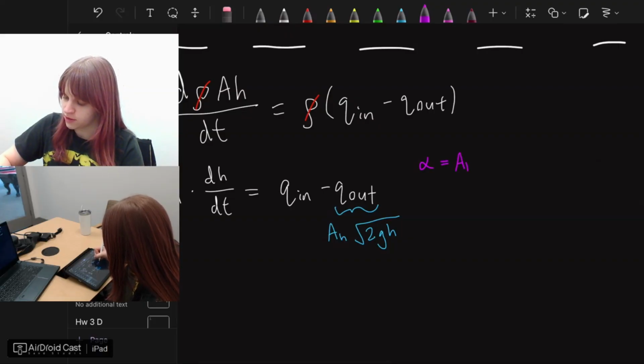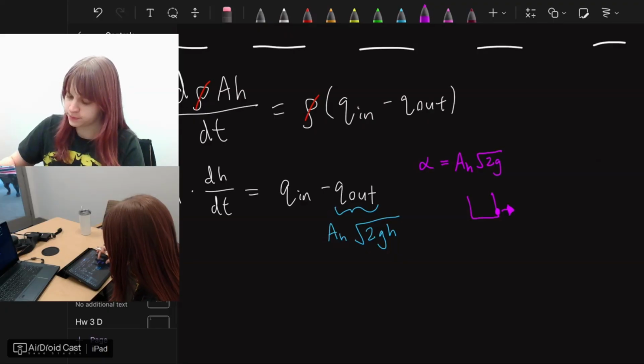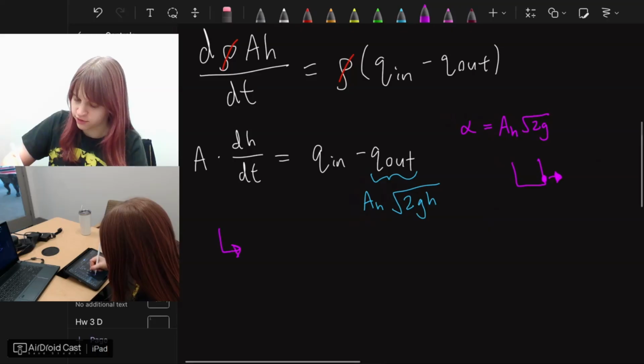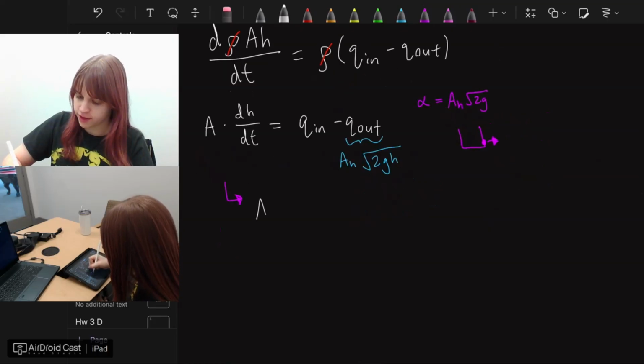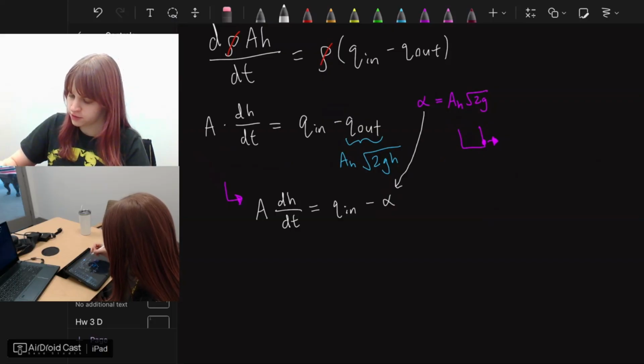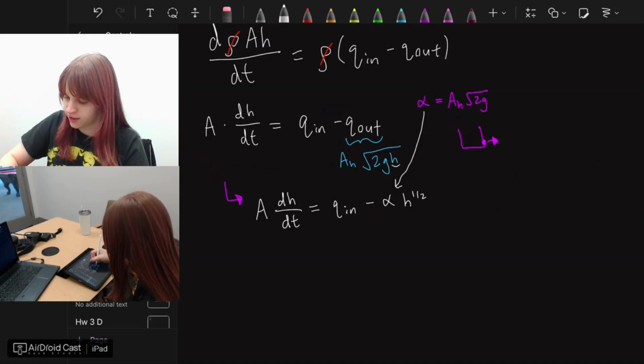This is going to be the area out, so the area of the hole of the tank at the bottom, times the square root of 2g, so that we can rewrite this equation. Then we can write it as A dH/dt is equal to Q in minus this alpha times the height to the 1/2 power.